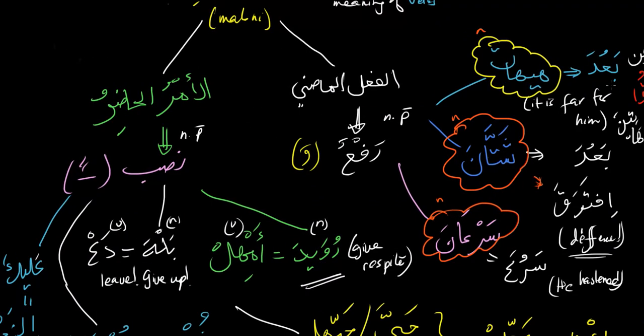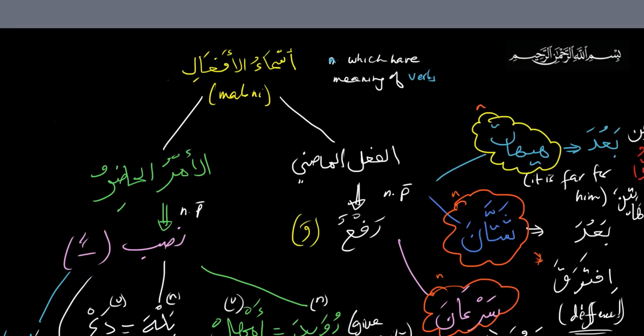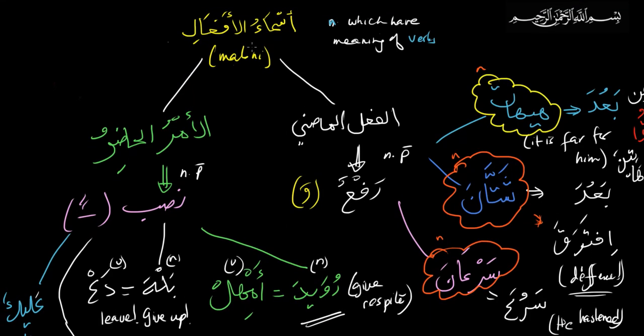Let's go over this again. Al-asma' al-af'al are nouns with the meaning of verbs. They can come in the meaning of fi'l madi or in the meaning of fi'l amr hazir. If they come in the meaning of fi'l madi, the noun after them is marfu'.